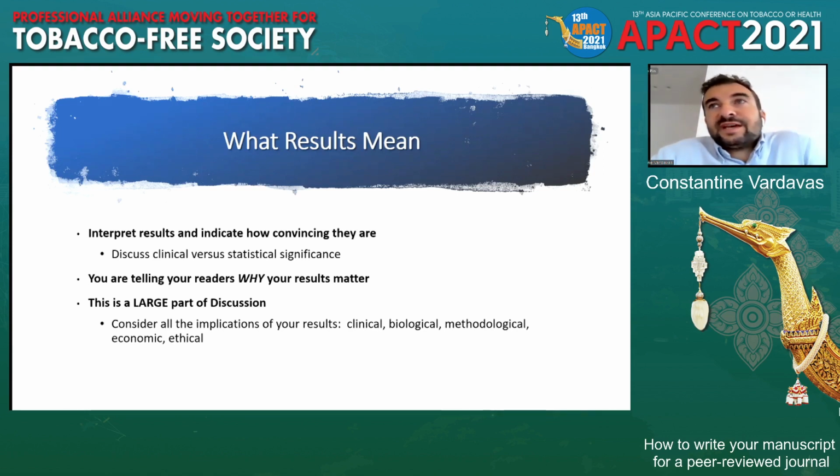For instance, a statistically significant difference that girls were more exposed than boys to secondhand smoke, and it's 55% versus 53%. That's statistically significant if you have a very large sample size, but does not mean that it has population significance. Is there a difference between 53% of people being exposed and 56% of people being exposed? I wouldn't say so. It's a very small percentage.